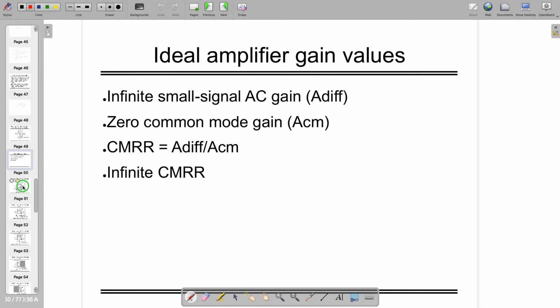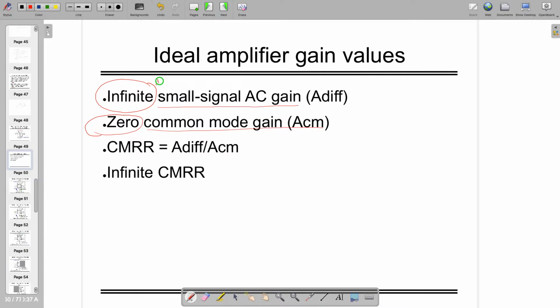Now, generally, when we are designing an amplifier, there are specific things which you want to achieve, like the small signal AC gain you want to have as high as possible, and you call it infinite. Similarly, I need the common mode gain, which we are going to call ACM, to be as low as 0.